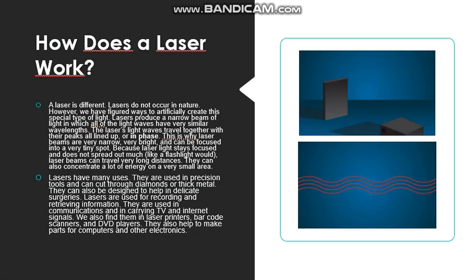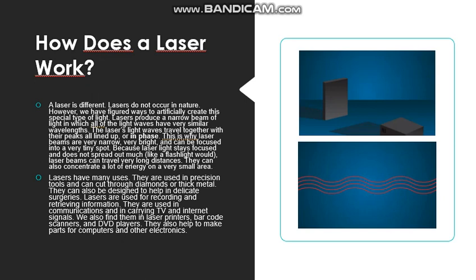A laser is different. Lasers do not occur in nature. However, we have figured out ways to artificially create this special type of light. Lasers produce a narrow beam of light in which all of the light waves have very similar wavelengths.